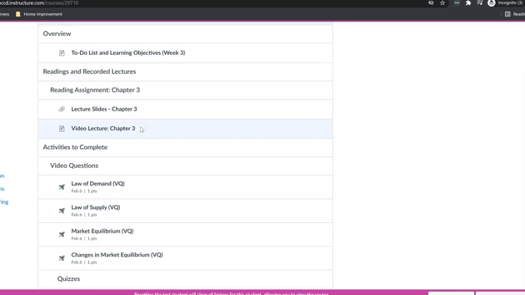Now that leaves 1 to 2 questions that I would say are a bit challenging. And they're challenging because the information needed is not explicitly in the course materials.